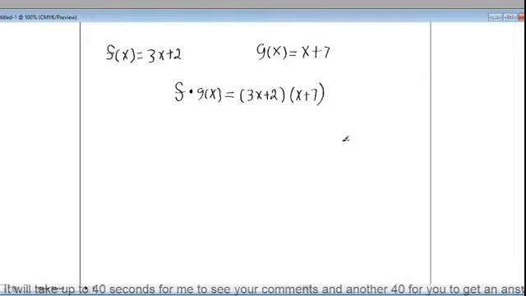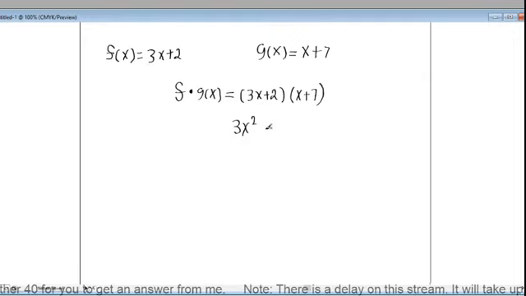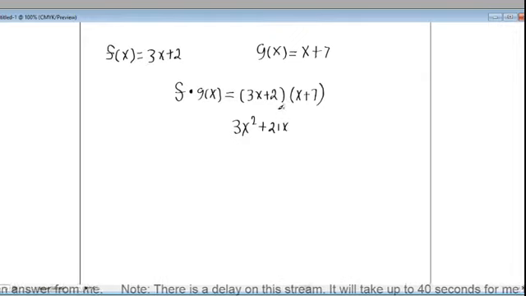Okay, well, you can probably see where this is going. We need a FOIL. So let's go ahead and get right on in there. 3x times x is 3x squared. 3x times 7 is going to be 21x. Then 2 times x is 2x.